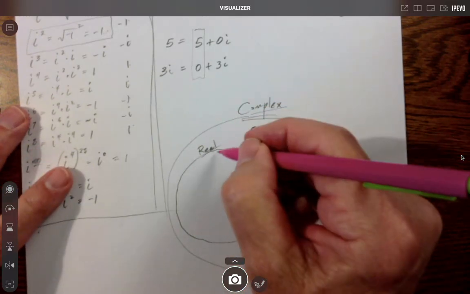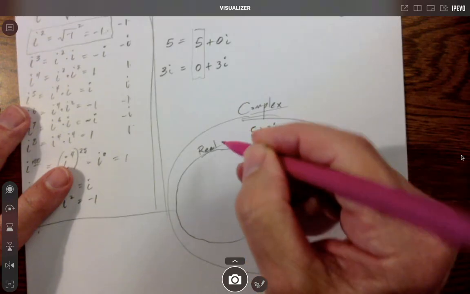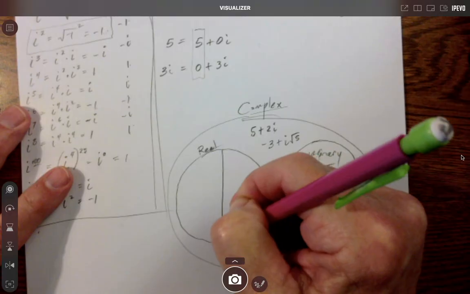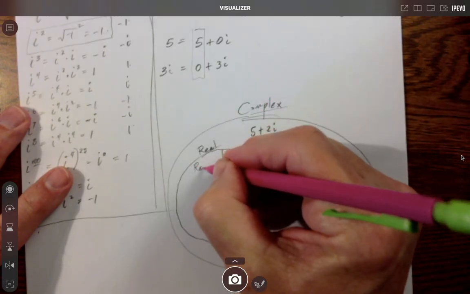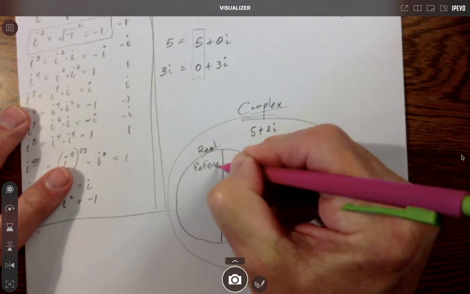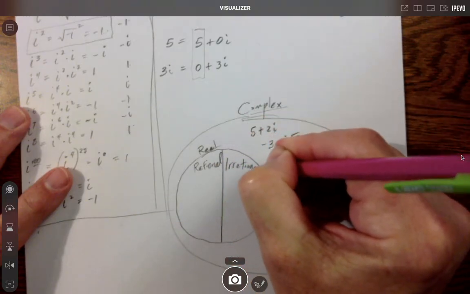And that breaks down into 2 parts, right? So I can kind of cut this in half. Real numbers. You've got rational, and irrational. Right?